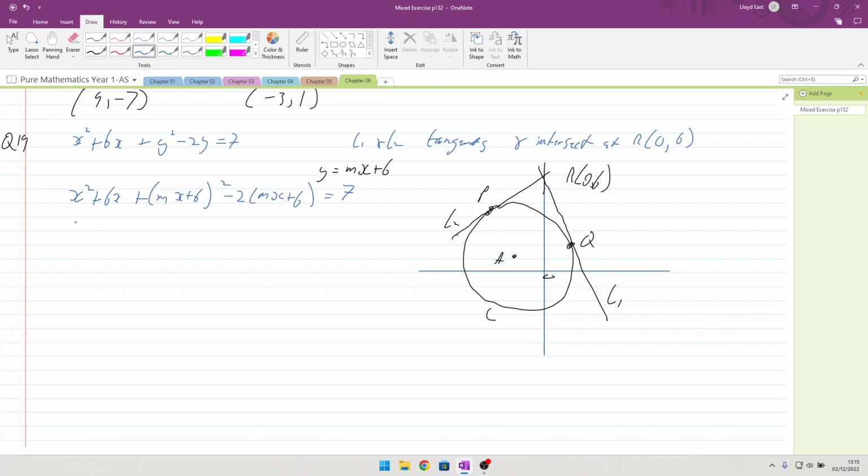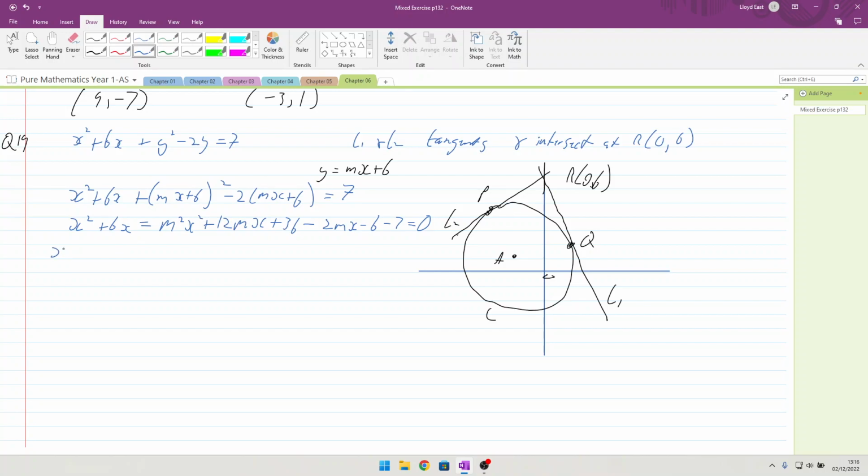A little bit of multiplying out to see what we get. x squared plus 6x plus m squared x squared plus 12mx plus 36 minus 2mx minus 6, and I'm going to bring the 7 over, minus 7 equals 0. That was the 7 from the end there. A bit of tidying up.